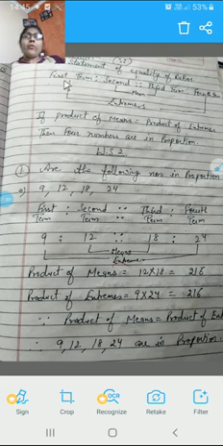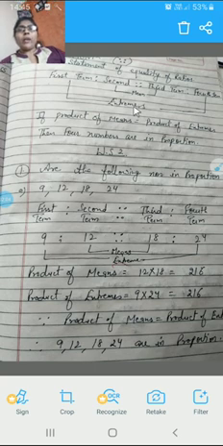In proportion, first term is to second term as third term is to fourth term. The second and third terms are said to be the mean, the first and fourth terms are said to be the extreme. If the product of means is equal to the product of extremes, then the four numbers are in proportion.